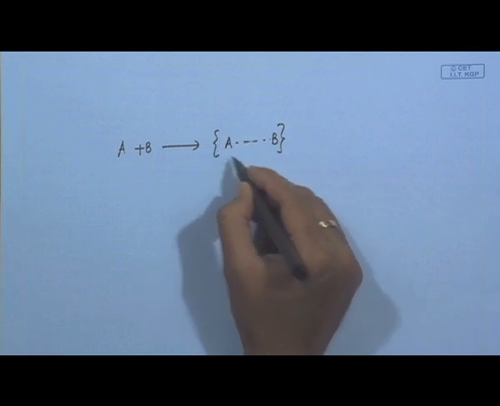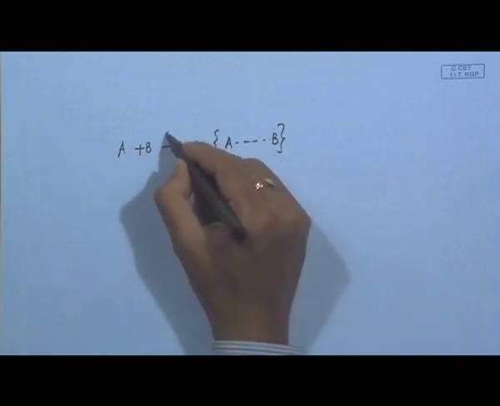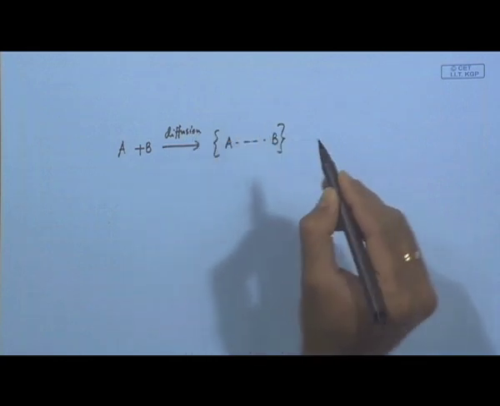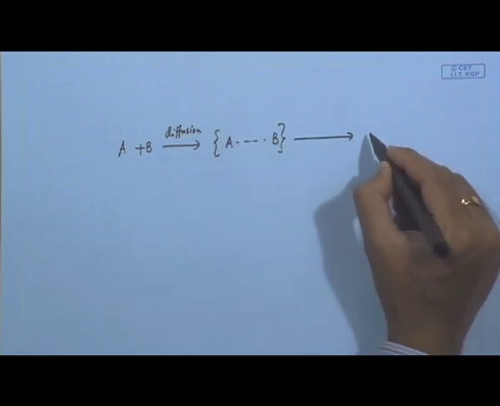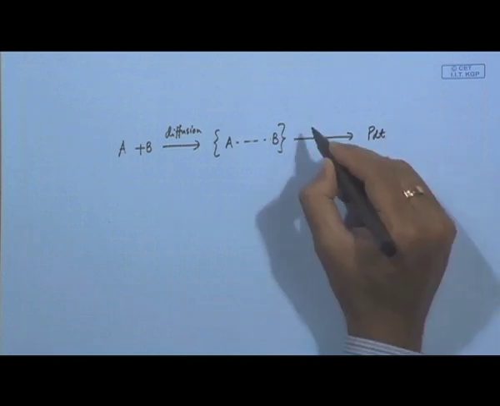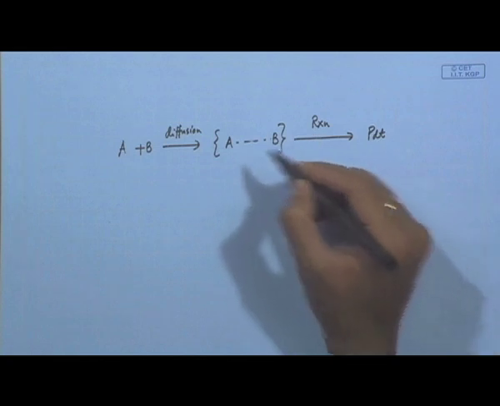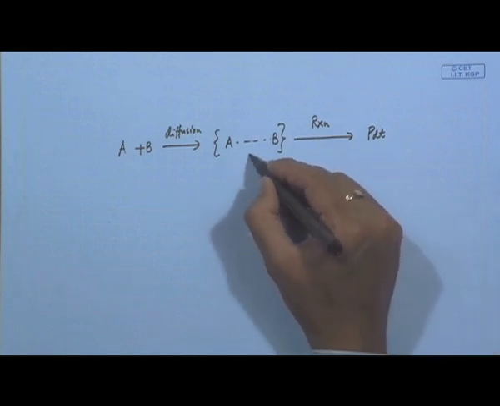This step is diffusion, and then this will form your product. This is your reaction. So this is called your encounter complex of AB.